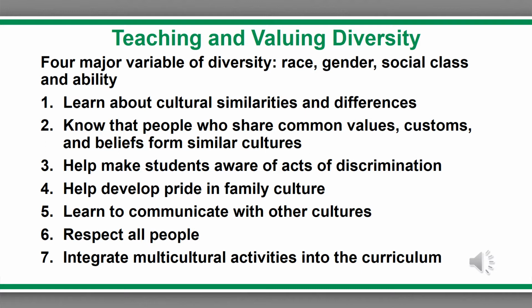Number 2, encourage the students to understand that people from similar cultures share common values, customs, and beliefs. Number 3, make the children aware of acts of discrimination and teach them ways to deal with inequity and prejudice. Number 4, help children develop pride in their family's culture.